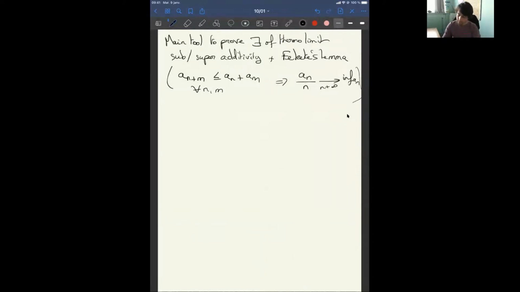And this kind of argument of sub or superadditivity is the main, if not the one tool that is used to prove existence of thermodynamic limits.